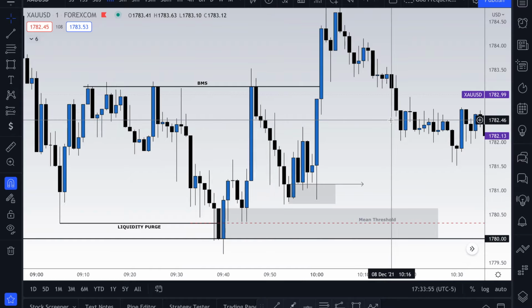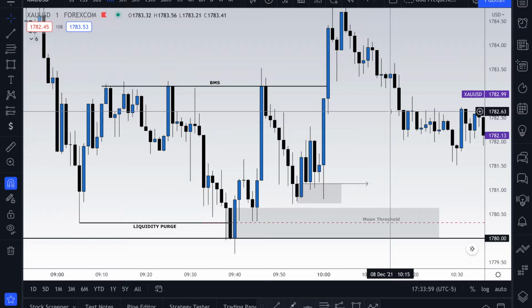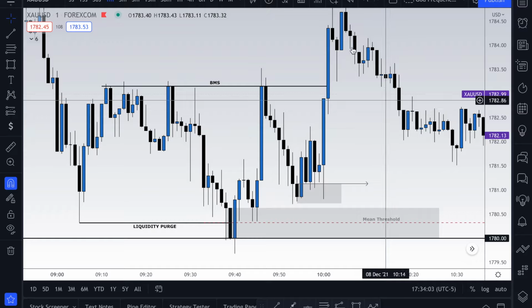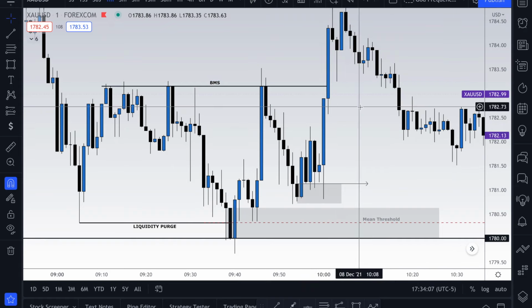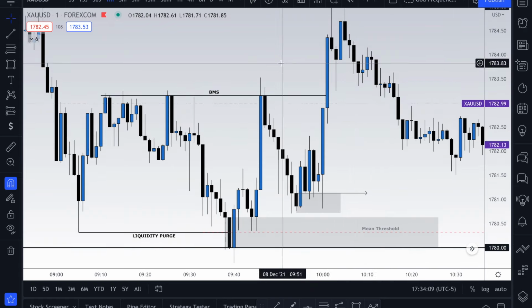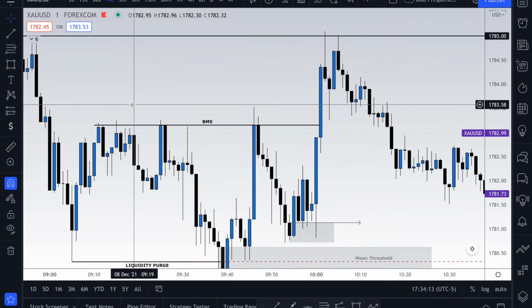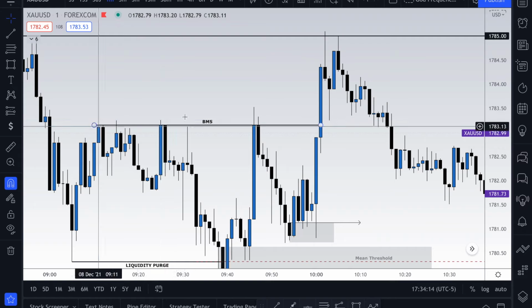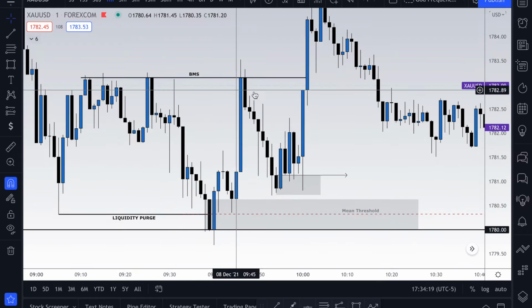Now this one was a little bit trickier, and honestly, this was one that you would have had to use gut instinct on. What I'm saying is that when I'm looking for a break of market structure, I'm looking for candle body closes above the previous wicks. So in this instance, that necessarily didn't happen.